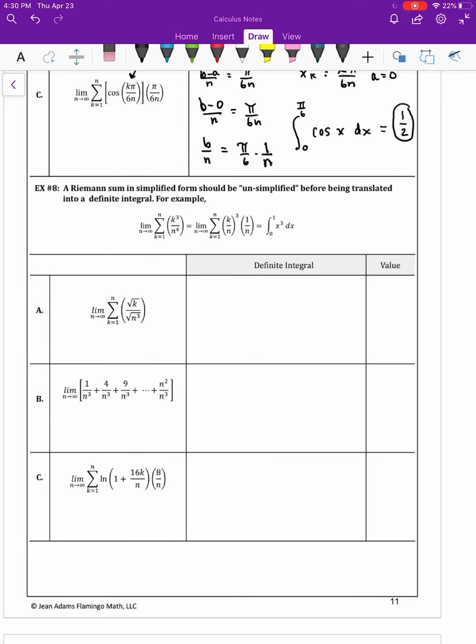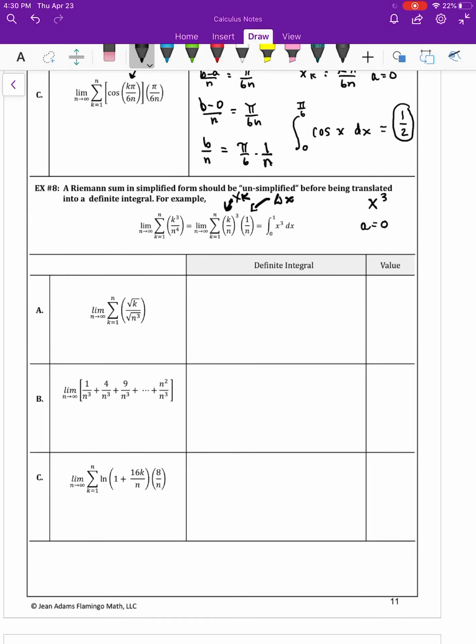Okay, the end of 6.2 is this last example, and a Riemann sum in simplified form should be unsimplified before being translated into a definite integral. So for example, they took this one that was k to the third over n to the fourth, and they said, okay, well, I know that 1 over n had to be my delta x, and so if I pulled that out, that would leave me with k over n to the third.